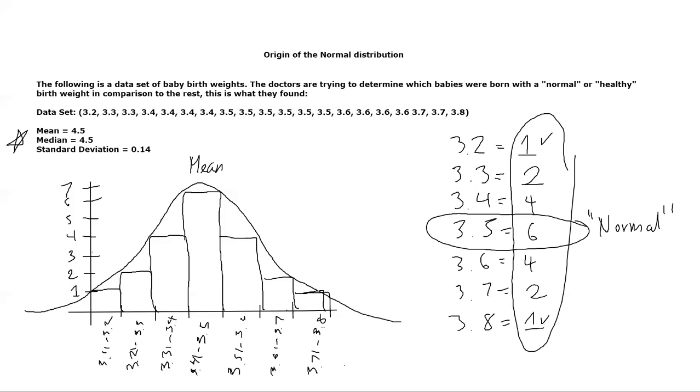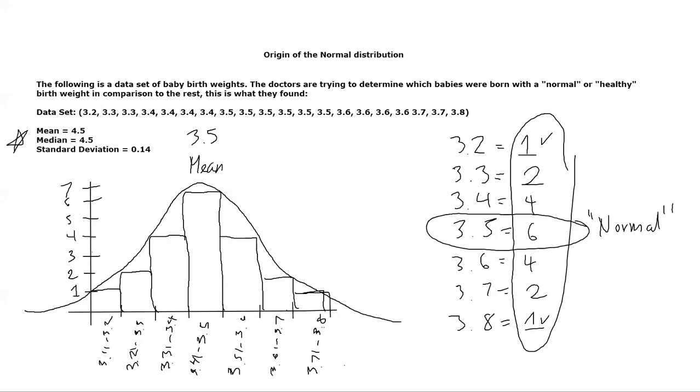And then we notice that the sections below are separated by what we call the standard deviation. When we took the standard deviation of this whole data set, we found that it's 0.14, right? So if the mean is approximately 3.5, I'm sorry, 4.5 or whatever it was. I think I made a mistake there.